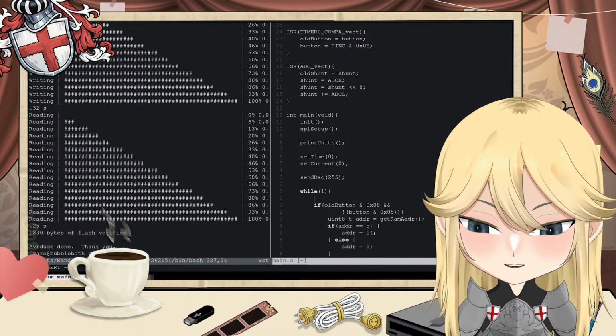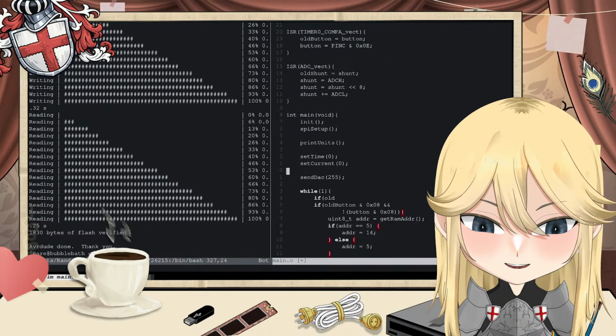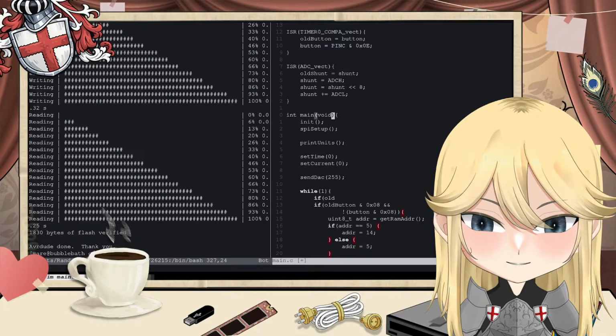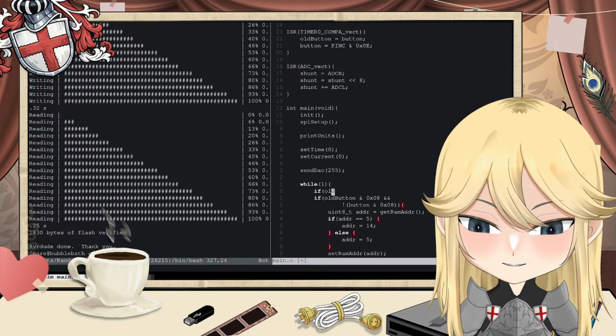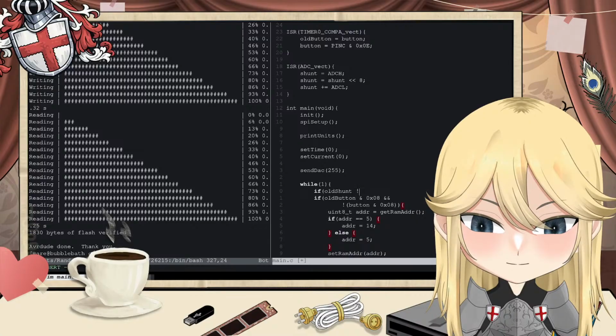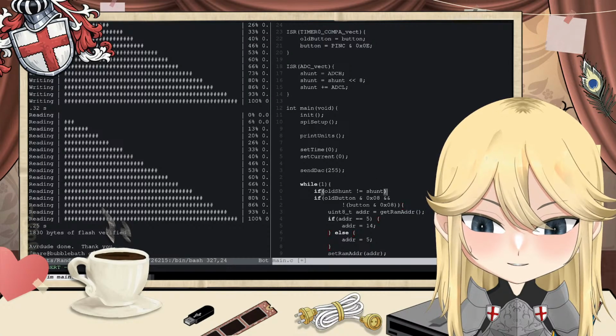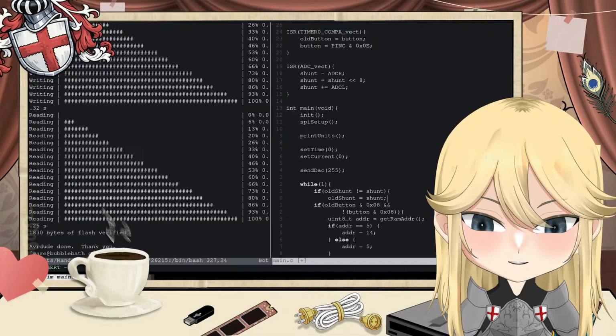Okay. If old, wait, no, you don't set this. I set this. Old shunt not equal to shunt. Old shunt equal shunt.